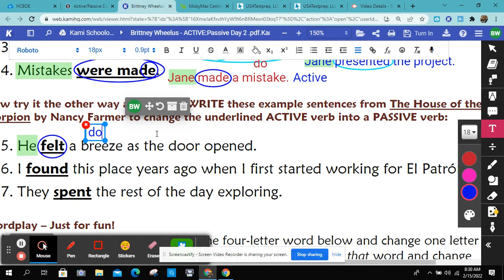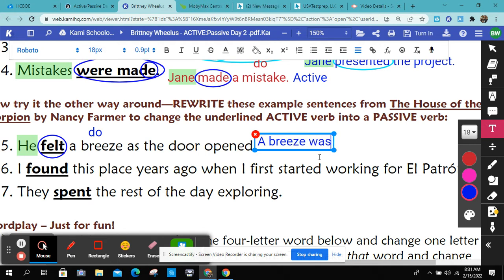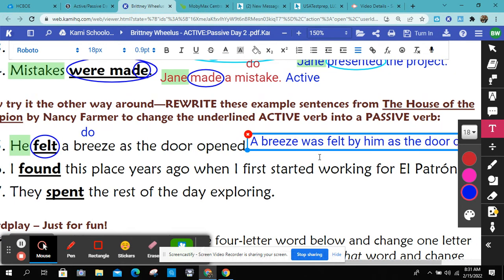A breeze was felt by him as the door opened. Good. Okay, so a breeze was felt by him as the door opened.